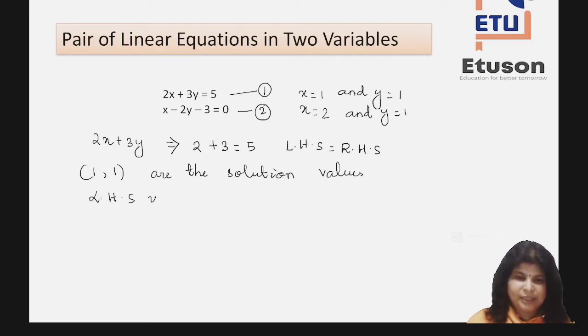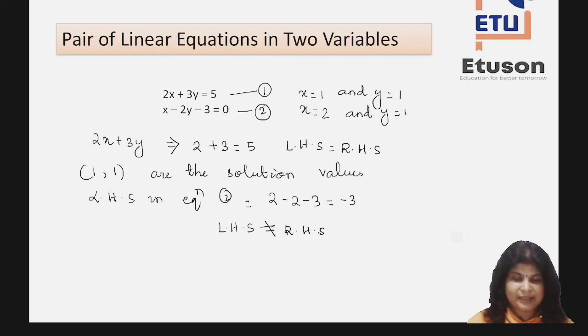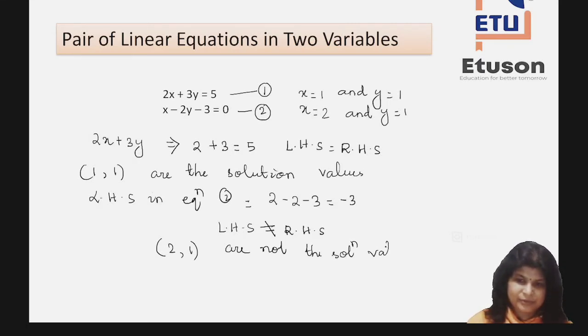LHS in equation 2 will be equal to how much? 2 minus 2 minus 3, that is equal to minus 3. Is it equal to 0? So here left hand side is not equal to right hand side. That means the values which you have taken, that is 2 and 1, are not the solution values. Okay children, it is not the solution values.